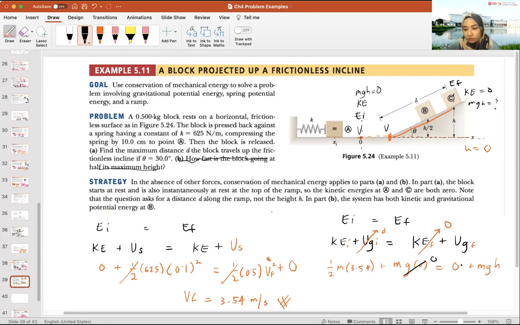So this would be 0, 0. So my 1/2 mv squared will be converted into MGH. We can cancel this out. So 3.54 squared divided by 2 times 9.81, divided by 9.81, akan dapat H as 0.639.